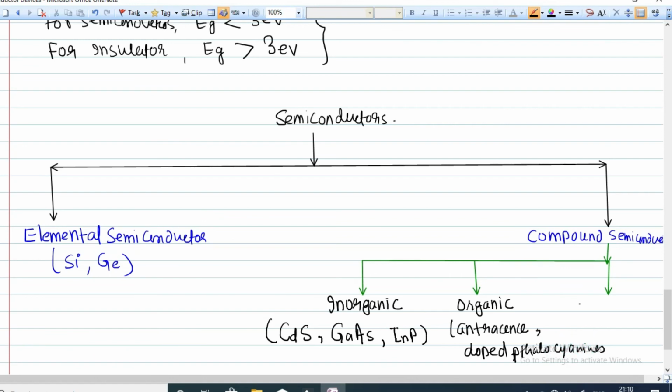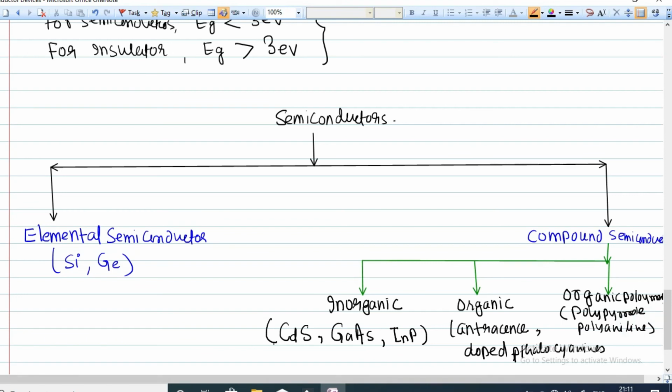And the last is organic polymers. The first example of an organic polymer is polypyrrole, then polyaniline. These are the examples of compound semiconductors.